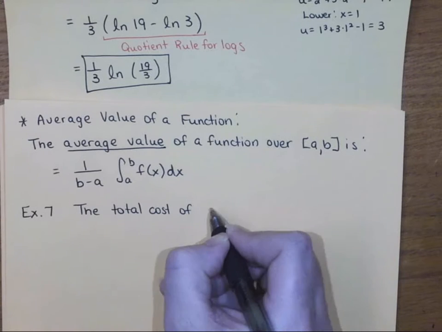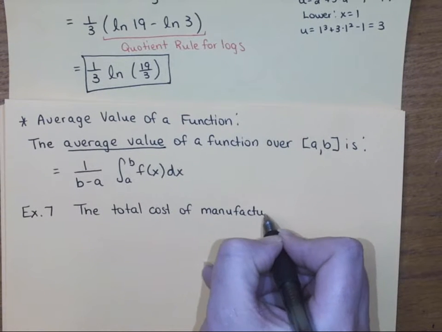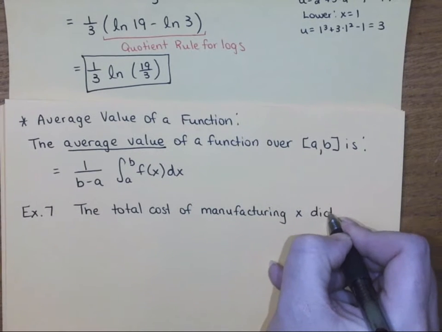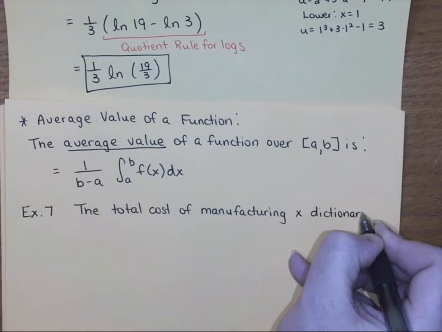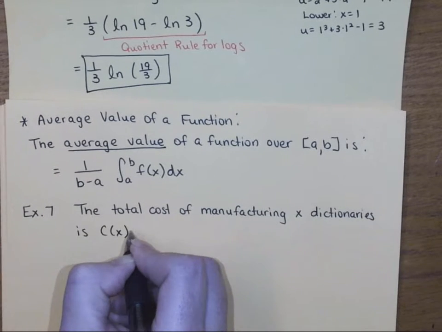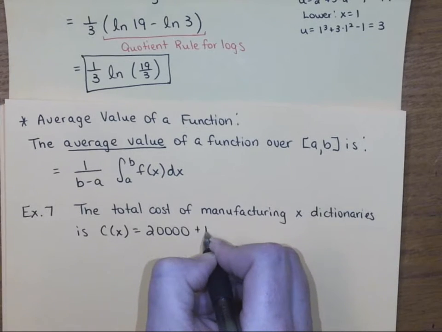So the total cost of manufacturing x dictionaries is C of x equals 20,000 plus 10x.